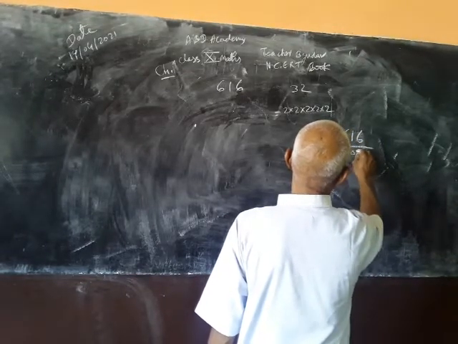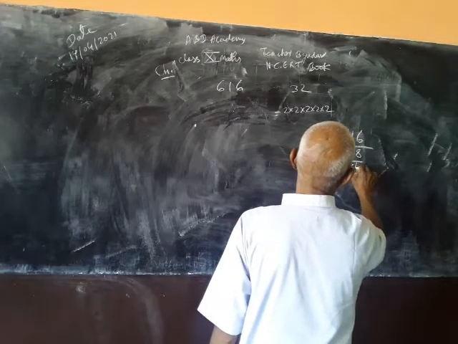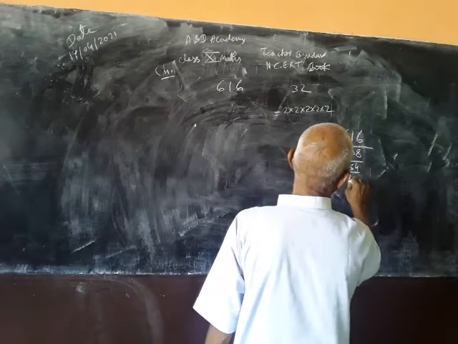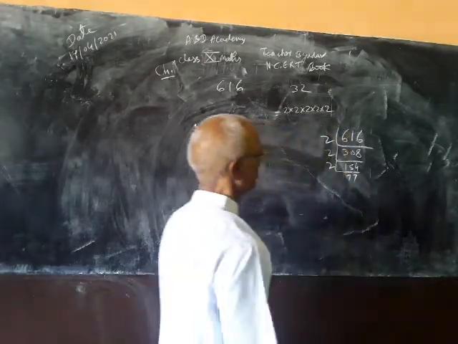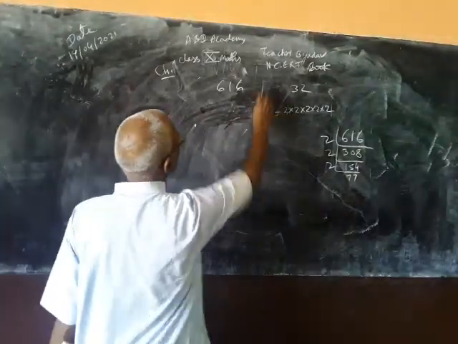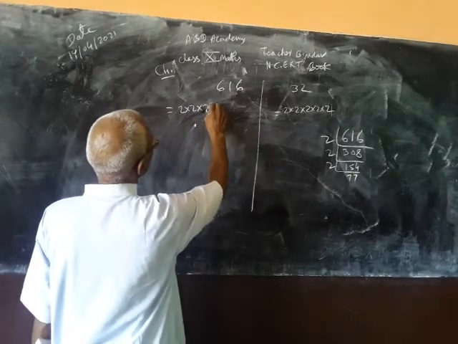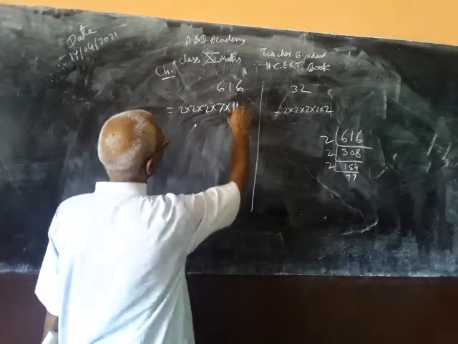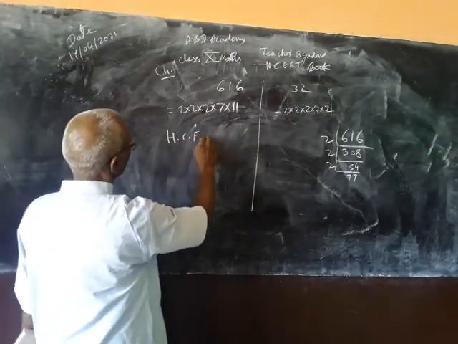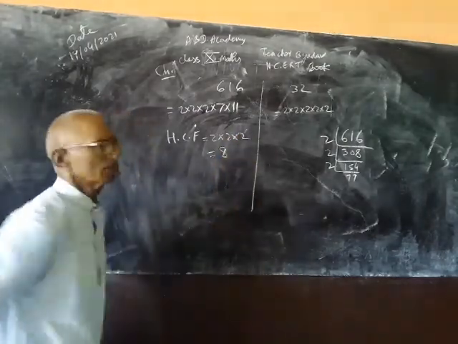It becomes 308, then 154. Again 2 comes, it becomes 77. Now 77 has no 2's. So 616 is 2 into 2 into 2 into 7 into 11. The HCF is 2 into 2 into 2, that is 8.